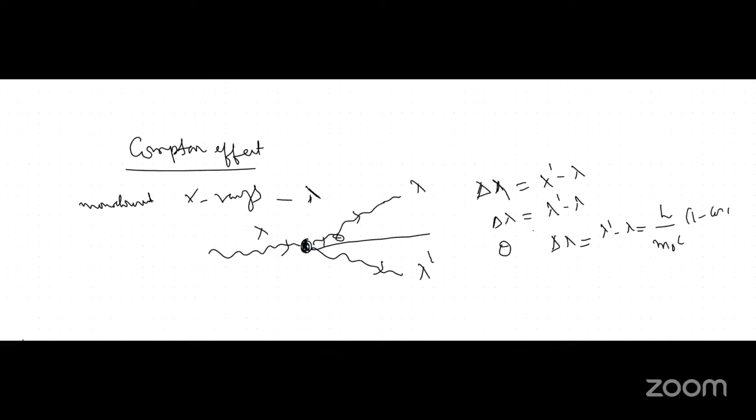Here h is Planck's constant, m naught is the mass of the electron, and c is the velocity of light. These are all constant values, and one is also constant. Only the theta value can be varied. So delta lambda shift depends only on theta, and it does not depend upon the values of h, m naught and c. Okay, so this is the Compton effect.